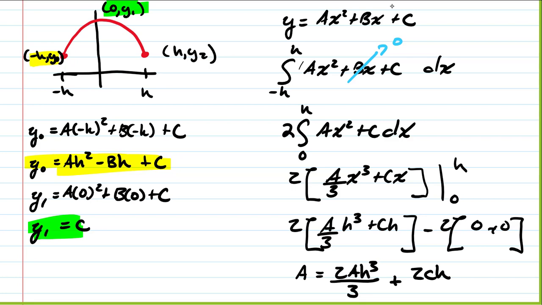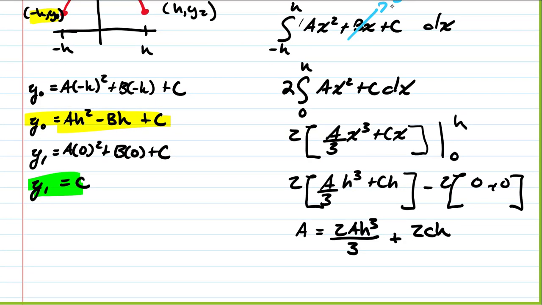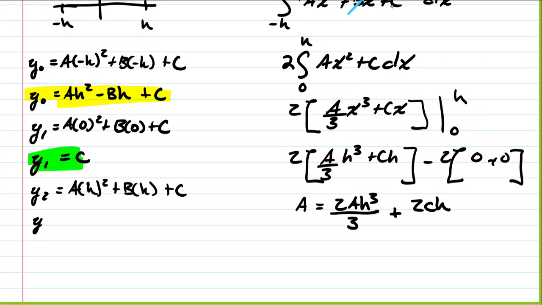And if we do the same thing with our last point, y2 is going to be a times positive h squared plus b times h plus c, which gives me y2 is equal to ah squared plus bh plus c.